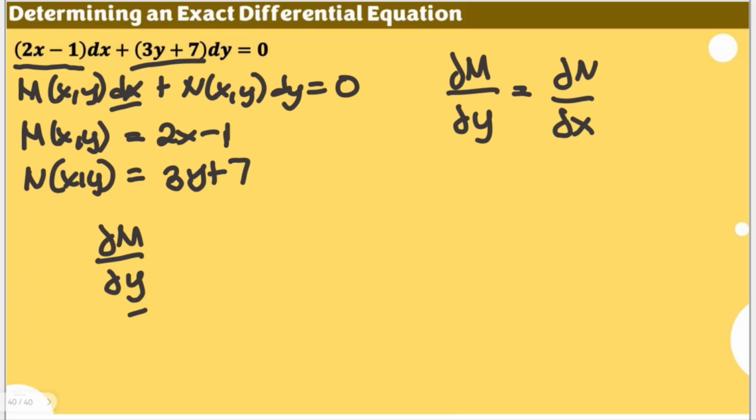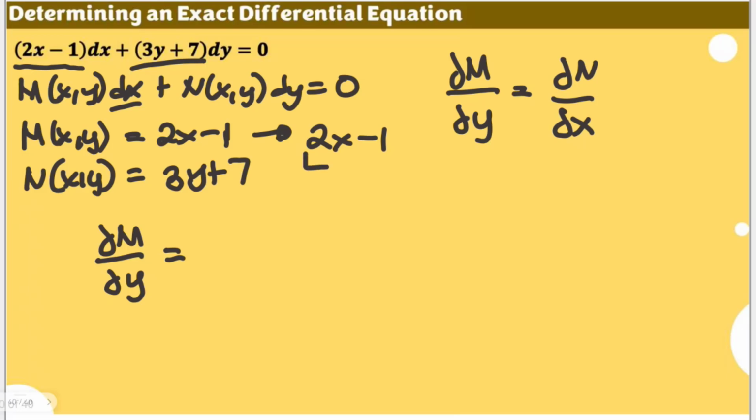So with this, our partial derivative is taking into consideration the variable x as part of the constant. Since our given function for M of x,y is 2x minus 1, and both terms do not contain variable y, we are going to treat both terms as constant.